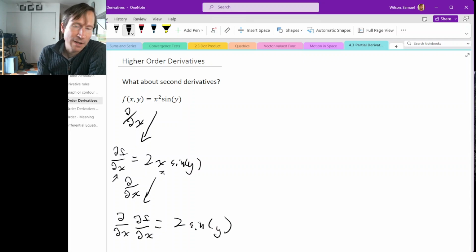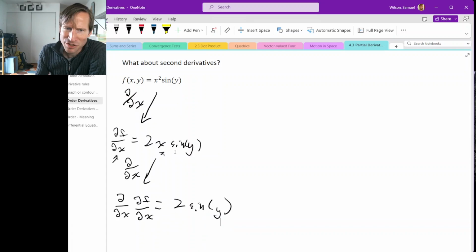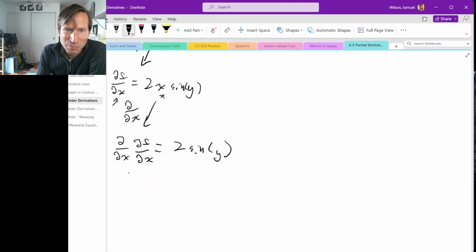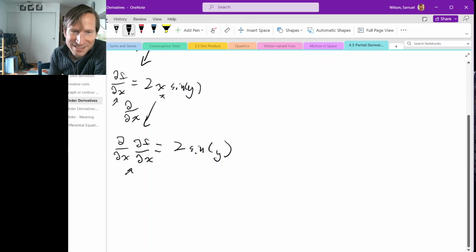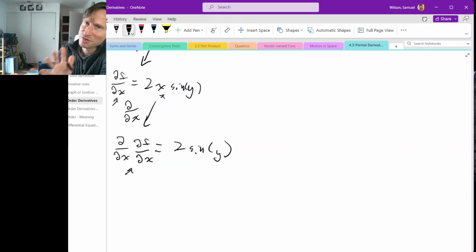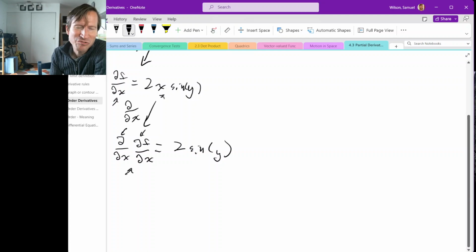A little notation, though. It's kind of clumsy to write out all of these partials like this. So the usual thing to do is, since these look like fractions, though they are not fractions, the traditional way to condense this notation is to write partial squared f, and then in the denominator it looks like we have partial x times partial x, even though that is not what this means.